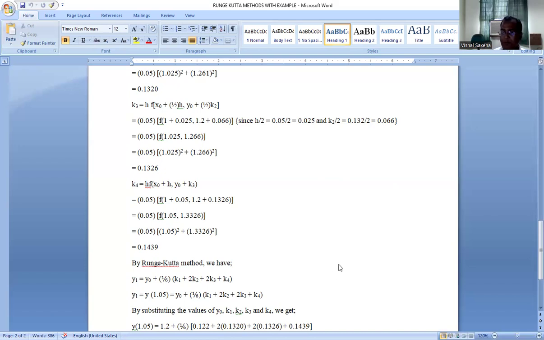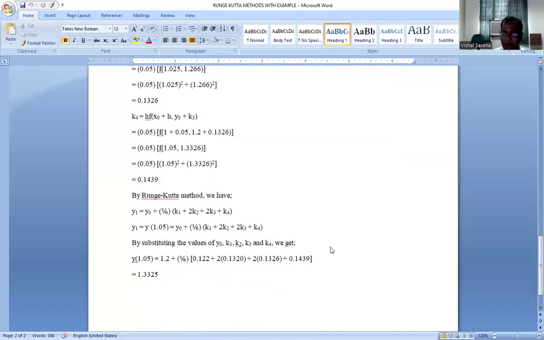When we put these values, y at 1.05 becomes finally 1.3325. So this is the solution at 1.05, named y1, corresponding to x1.